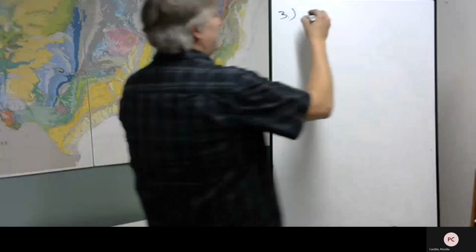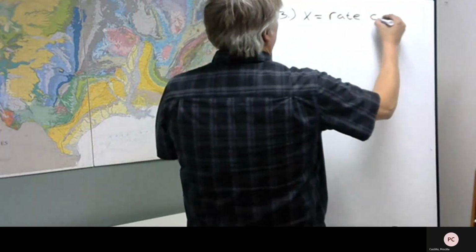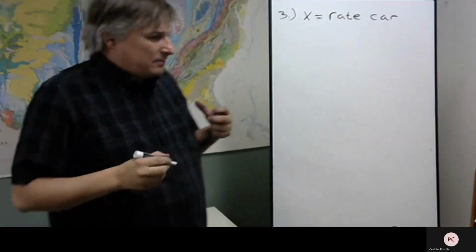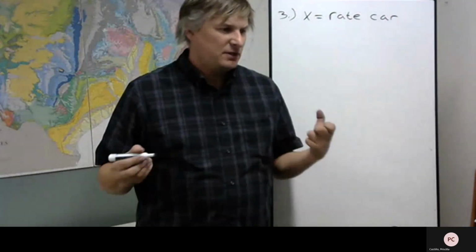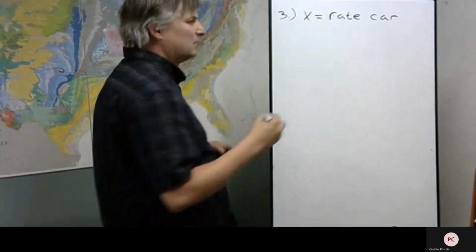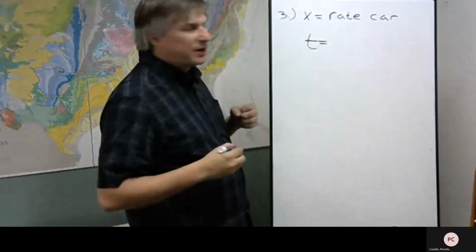So we're going to come up with our equation. Let x equal the rate of the car. Now, a key thing to remember is these vehicles do this journey in the same amount of time. So time is distance over rate.